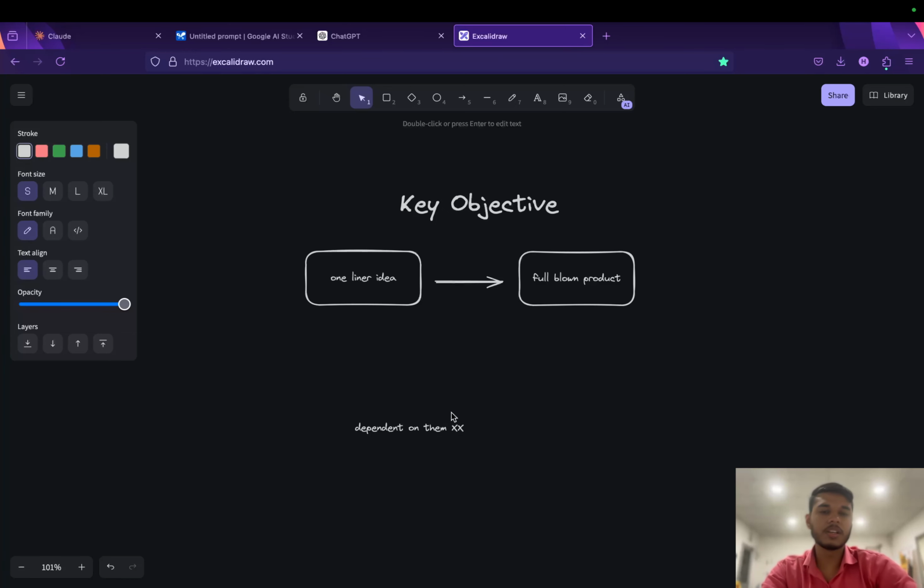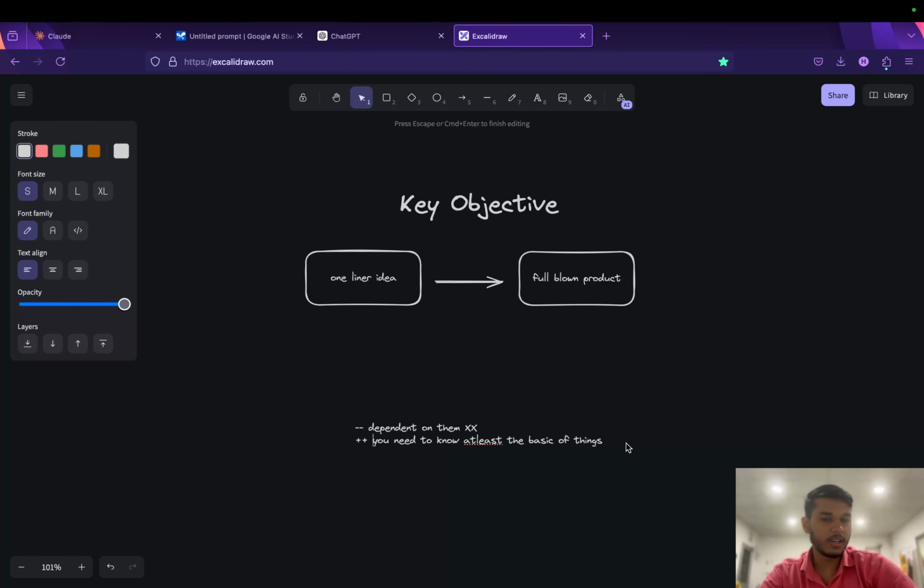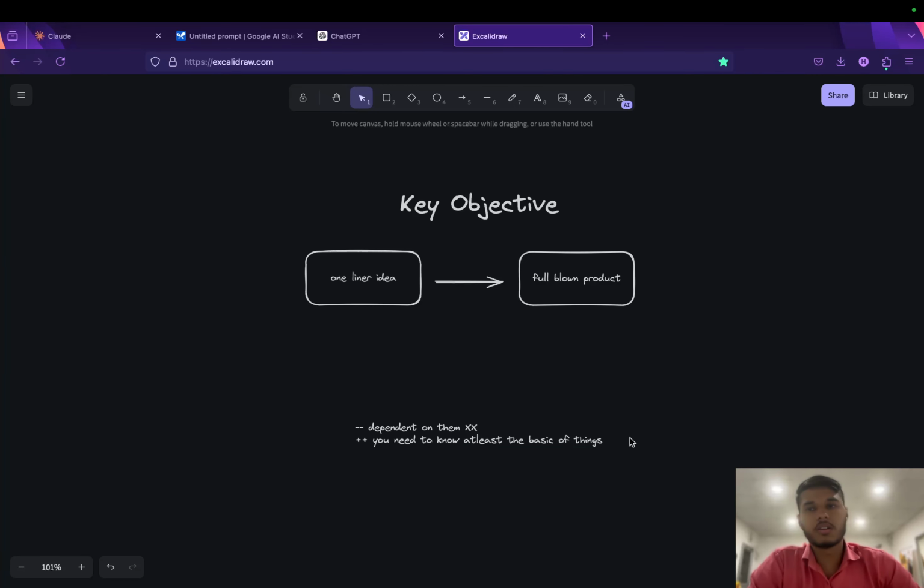No, this is a big no-no. You cannot be dependent on that. You need to know at least the basics of things. That is a tick mark. These are the positives, and this is a very big negative. If you are just dependent on LLMs, you won't be able to do a lot of things.